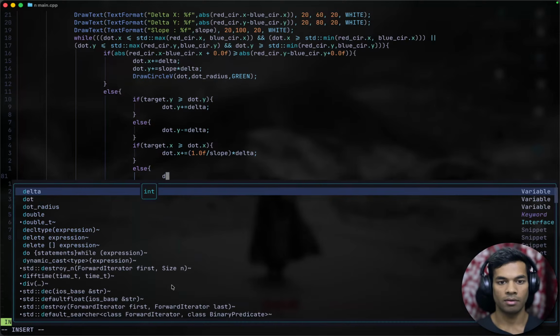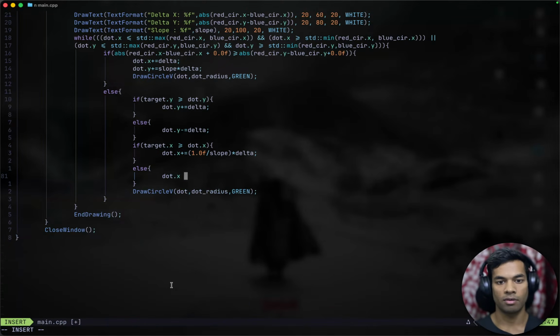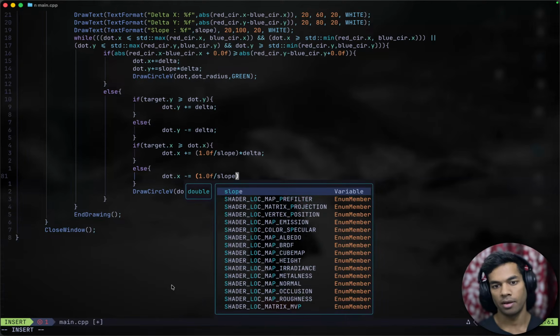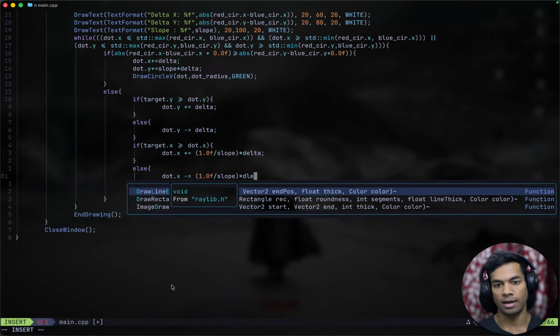Else dot x minus. Otherwise, we will subtract 1.0f divided by slope into delta.